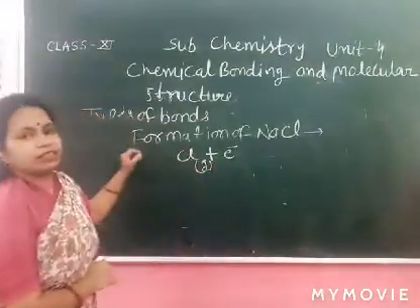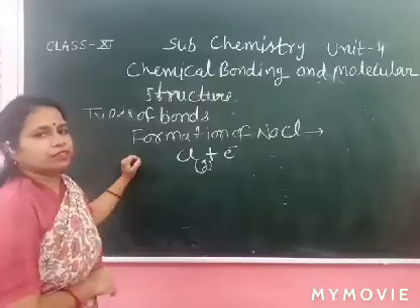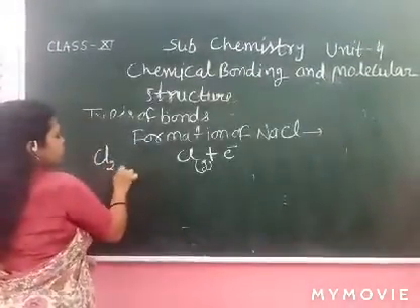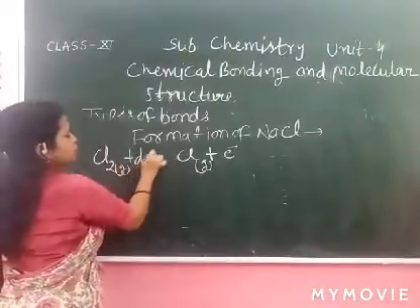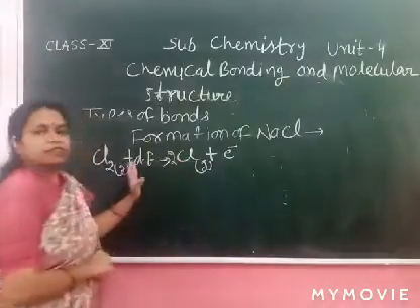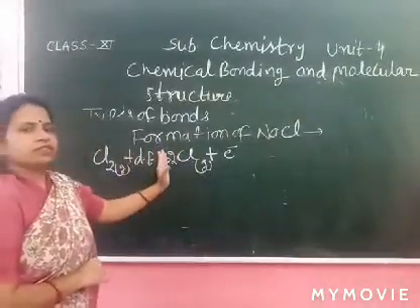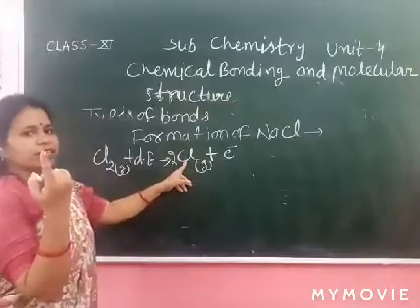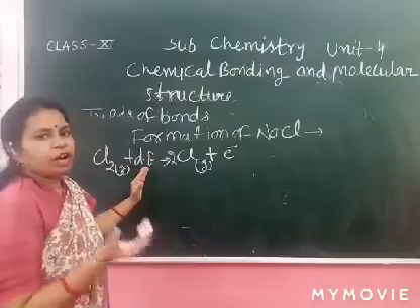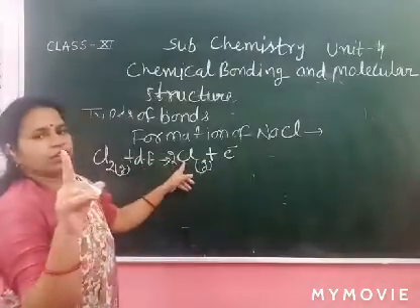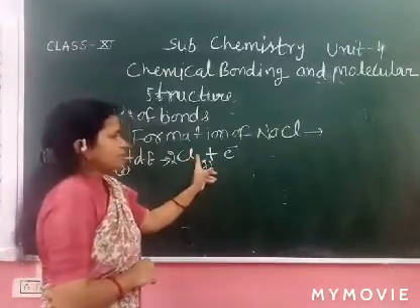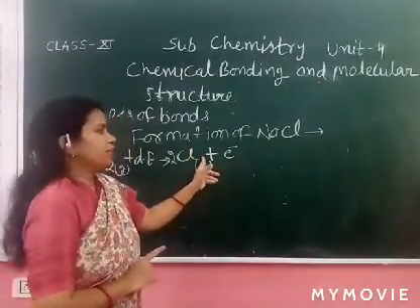How to convert? By dissociation energy. When we take the Cl2 molecule and give the dissociation energy, it converts into Cl. We want only one Cl atom, so when we give D by 2, half the dissociation energy, we get only one atom. So this is an isolated gaseous atom.